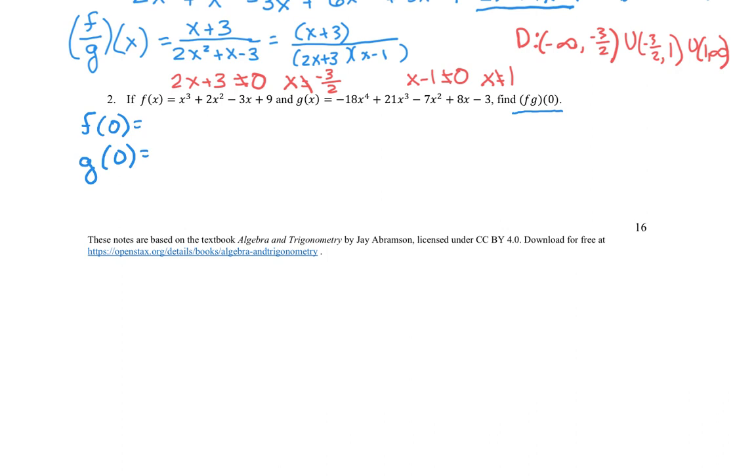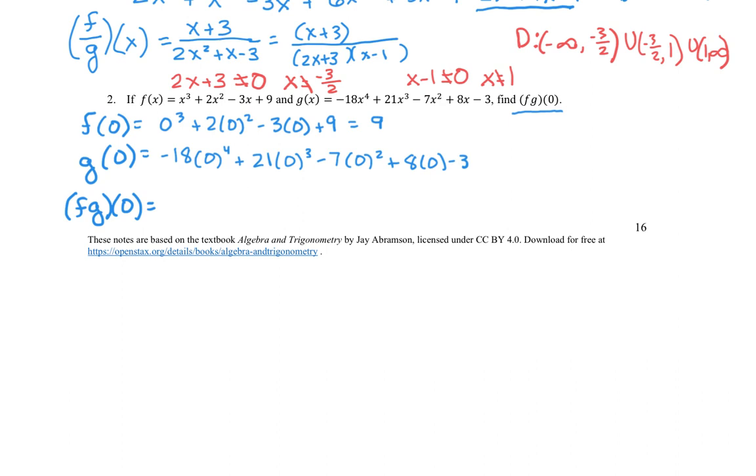Because once I do, I'll easily be able to figure out f times g of 0. Let's start with f of 0. That's going to give us 9 for f of 0. Let's move on to g of 0 by plugging in 0.